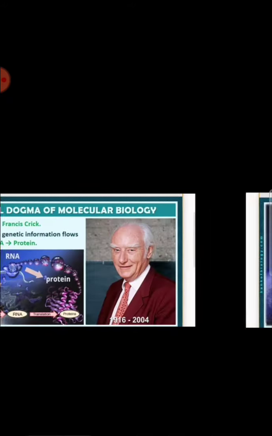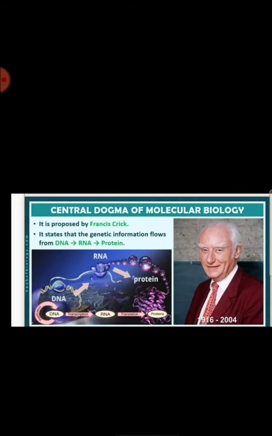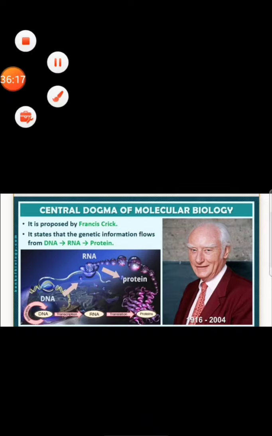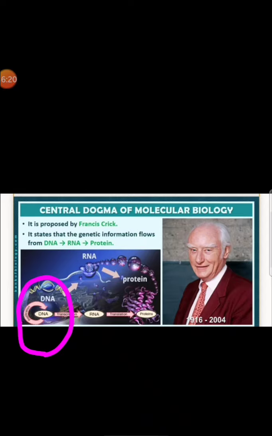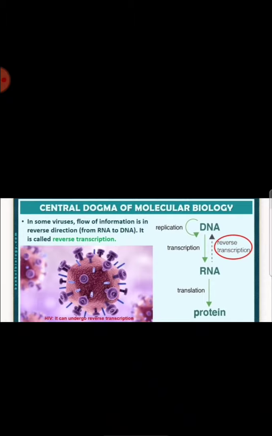And then the central dogma of molecular biology. So what is the central dogma of molecular biology? That the DNA, which is the genetic material, will undergo transcription and produce RNA, and then RNA undergoes translation and produces proteins. This itself is the central dogma of molecular biology, which was proposed by Francis Crick.